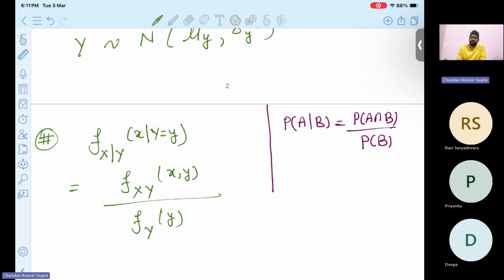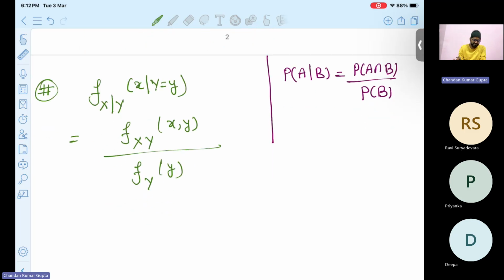This is the case when we discuss the conditional distribution for the bivariate normal. The same applies for y given x.